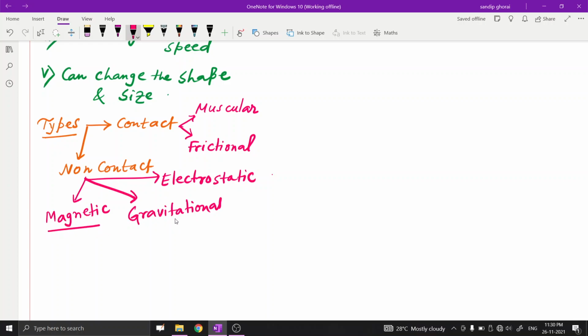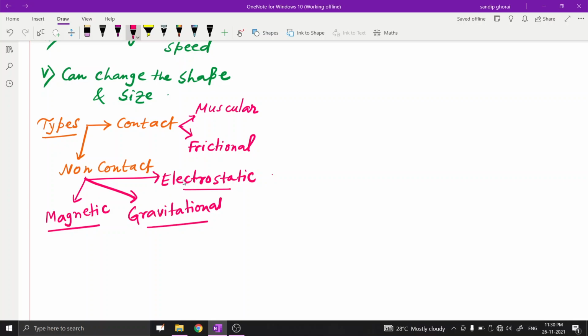And what is gravitational force? When two bodies having masses are placed at a distance, a force called gravitational force acts on these bodies. And what do we mean by electrostatic? This is basically the force between two charges, between two positive charges, two negative charges, or one positive and one negative charge.